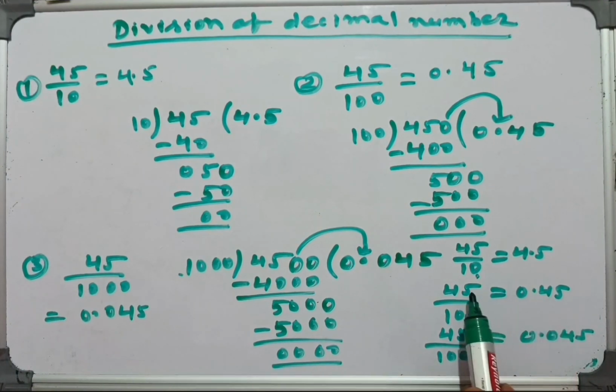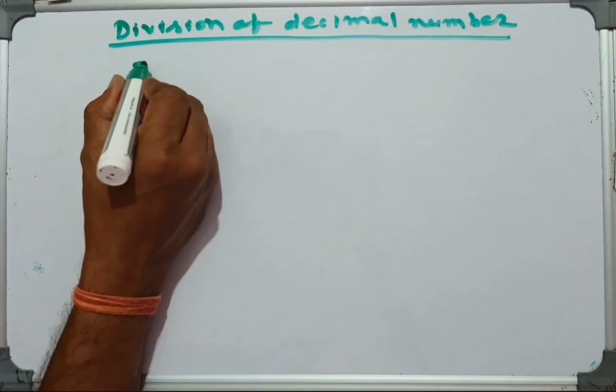So what you have to do is move from right to left 2 digits and put a dot. 5 4, then dot. For this one, move from right to left: 5 4 2, then again we put a 0, then again a dot, because here there are 3 zeros, so the answer must have 3 decimal places.